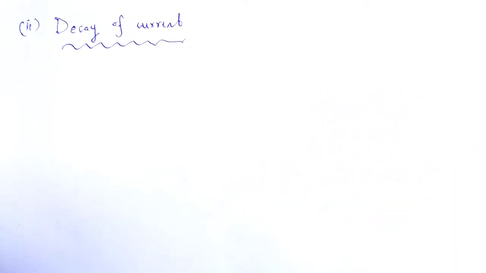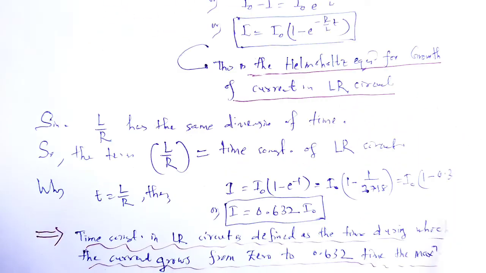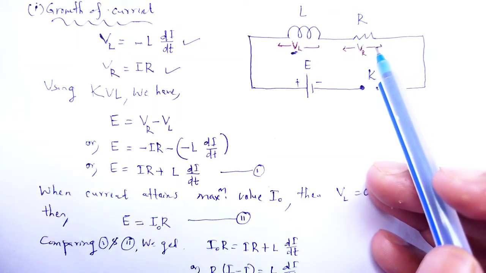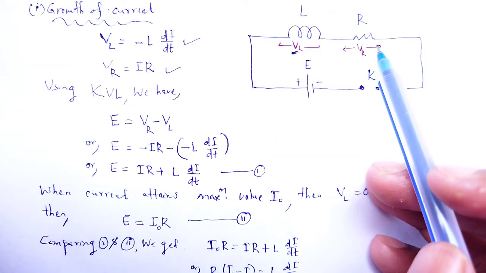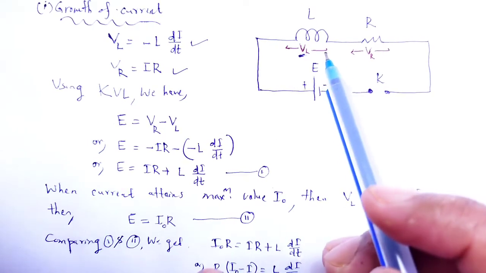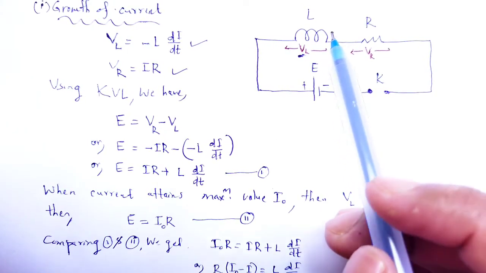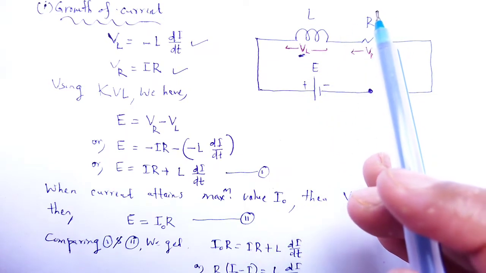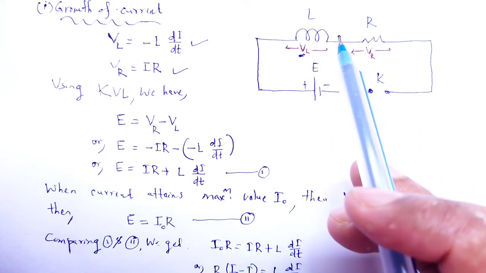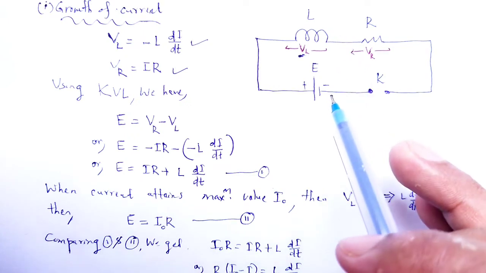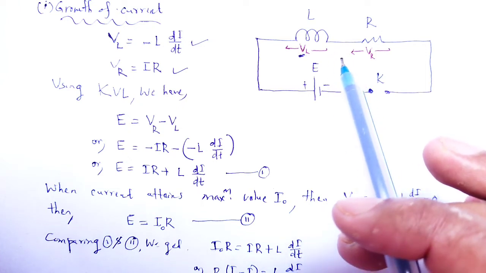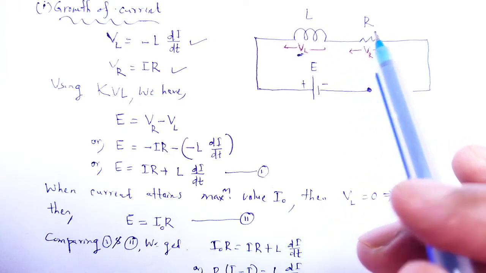Look here, when the current in that circuit is switched off, at that case an induced EMF is produced in the inductance which slows down the rate of decay of current. Since there is no source of EMF in that circuit, at that case E is equal to 0.